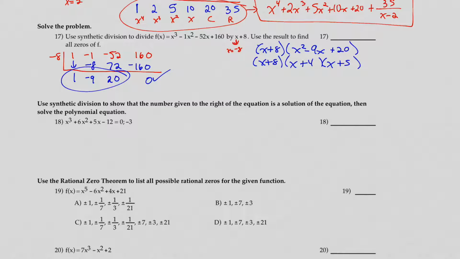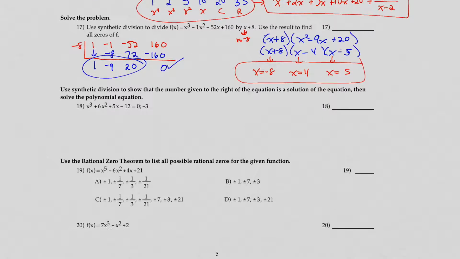So 4 times 5 is 20. 4 plus 5, that's not negative 9. So I need negatives in there. Okay, so the zeros of this would be all of these x's here. Negative 8, 4, and 5. Okay, those are all your zeros or your x-intercepts right there.